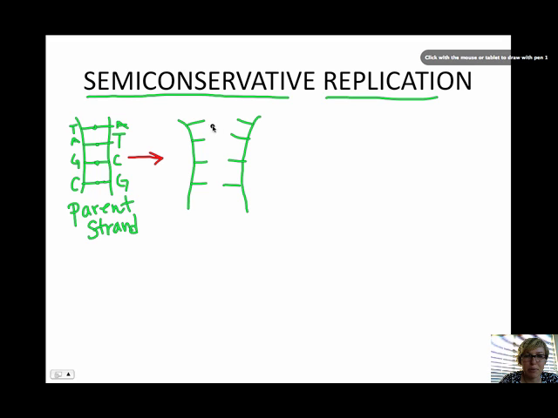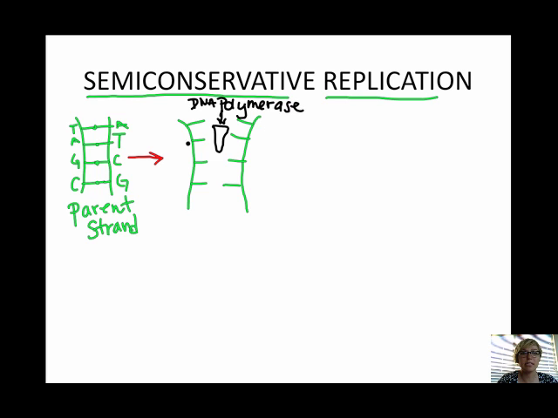I always say DNA polymerase is kind of naughty because it likes to unzip things. So here is DNA polymerase, and that is the enzyme. Remember, it ends in A-S-E. That's the enzyme that actually breaks apart those hydrogen bonds between the nitrogenous bases.